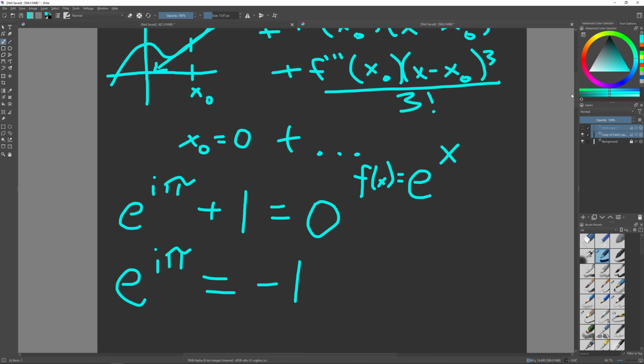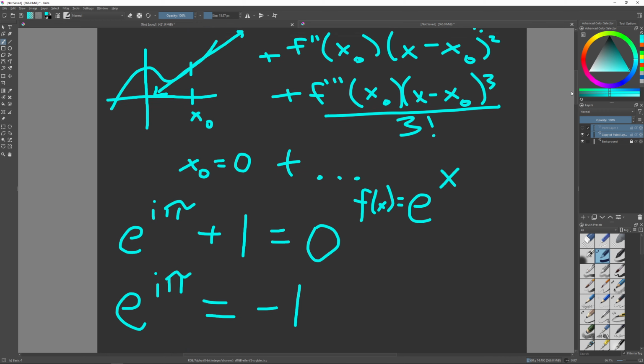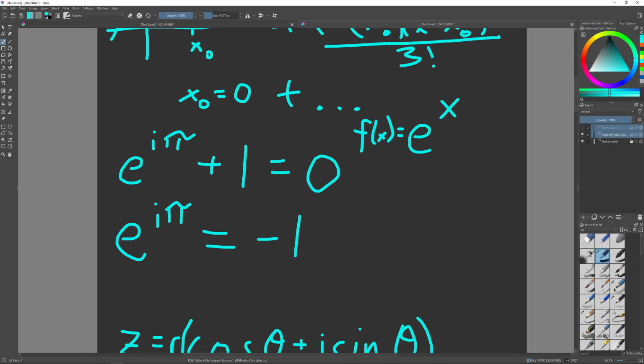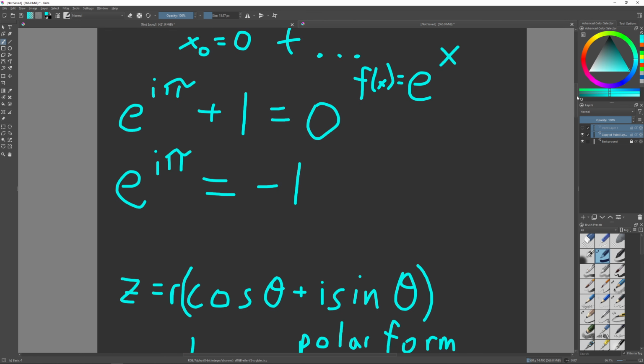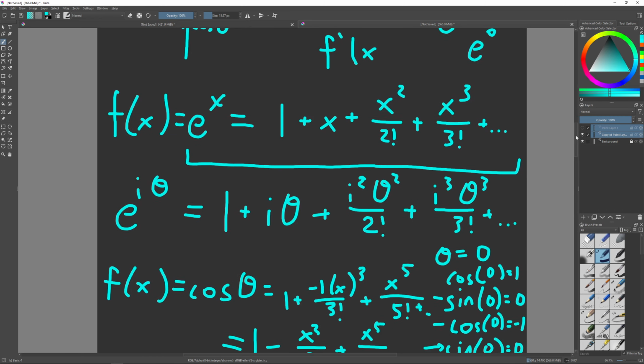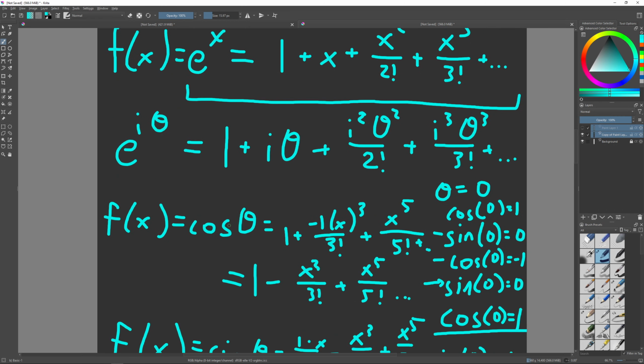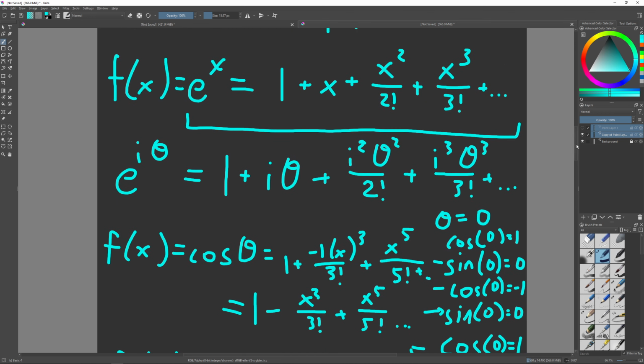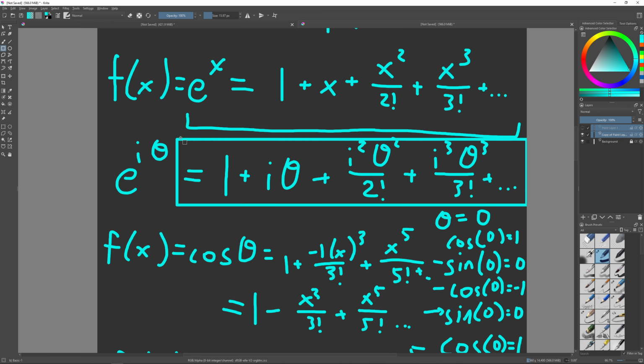This is a little complicated. The goal is we're going to get e to the I pi equals negative 1. So I think maybe we didn't need to do all this. Let's plug in not e to the I theta, e to the I pi. Maybe I did a bunch of unnecessary work, but it was a good exercise anyway.